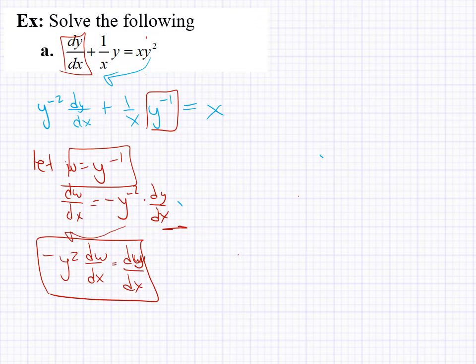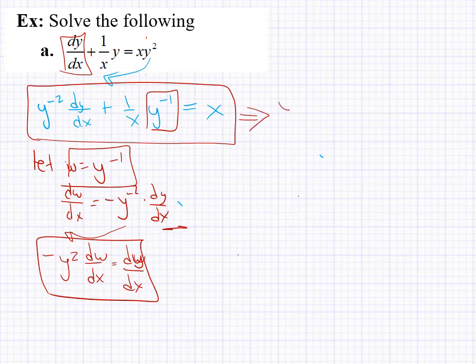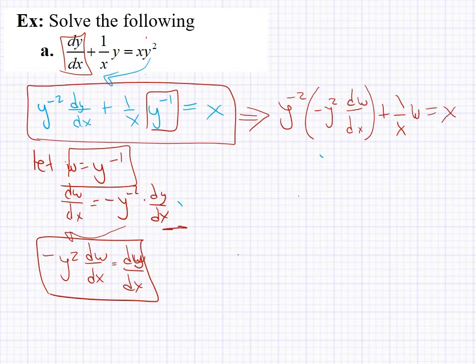So throw those things into this equation, and what do you get? You're going to get y to the negative 2 times dy/dx, but dy/dx is negative y squared dw/dx, plus 1 over x times w equals x.